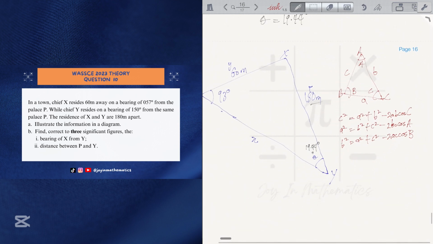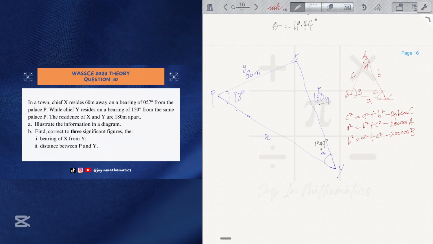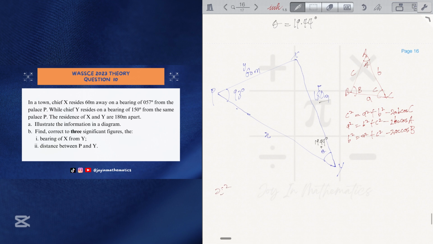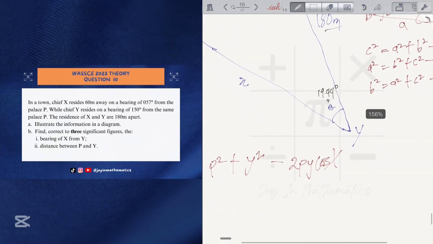So in view of that, now let's label this just as we did previously. We are looking for x squared. So applying the x squared formula now, we have x squared equals p squared plus y squared minus 2py cos x. Now the question is, can we use this formula?